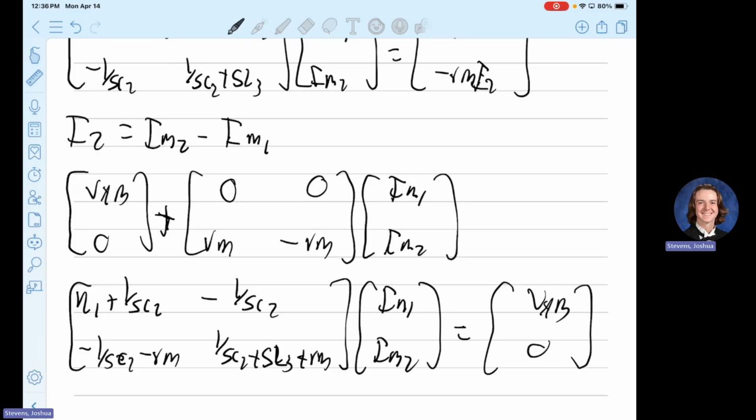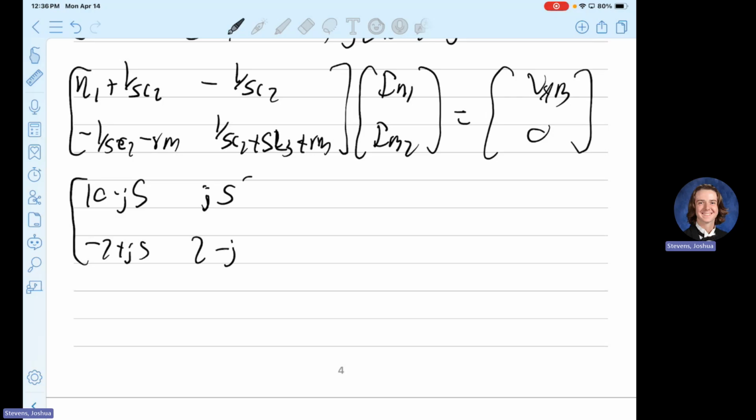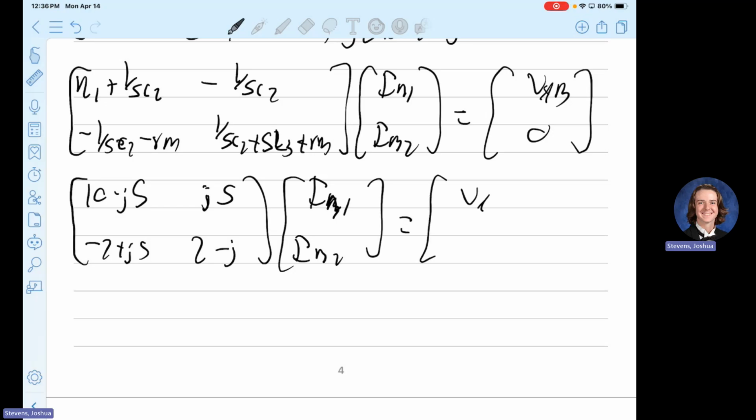You want to put that into j omegas. When you put the values in, I'm just going to go ahead and show you my final matrix. That becomes 10 minus j5, j5, negative 2.5, and 2 minus j, all times IM1, IM2 equals VAB. Does that make sense for everybody?